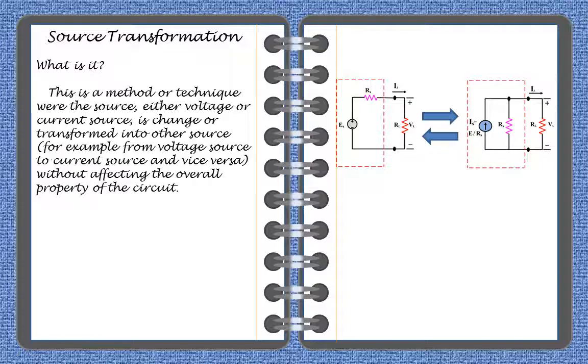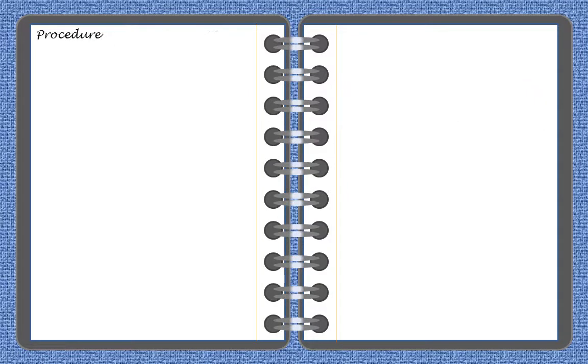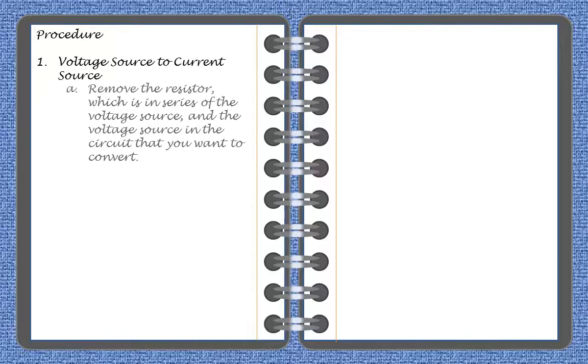Now, what's the procedure in using the transformation? If we're going to change the voltage source to a current source, first we must remove the resistor which is in series with the voltage source, and the voltage source in the circuit that you want to convert.